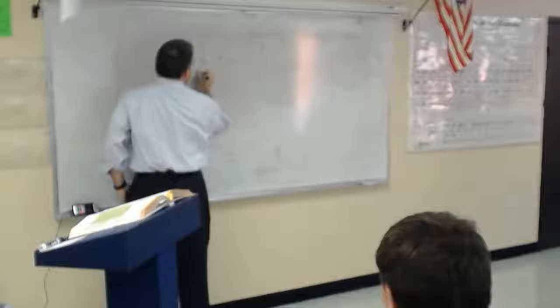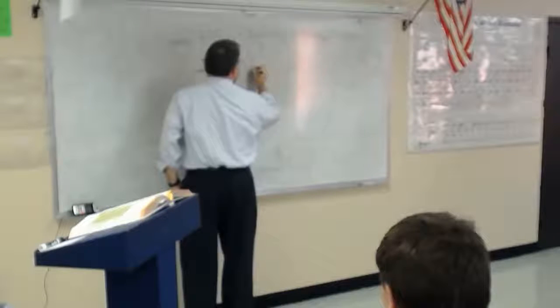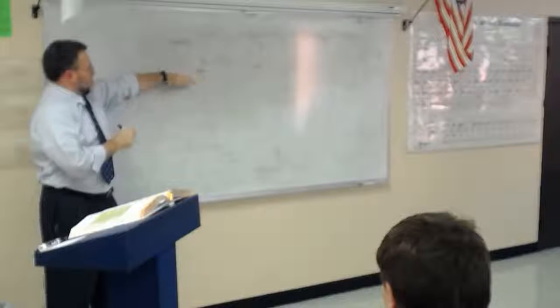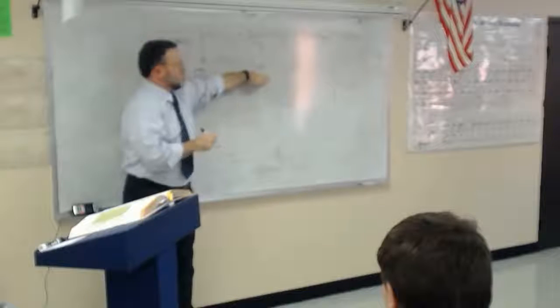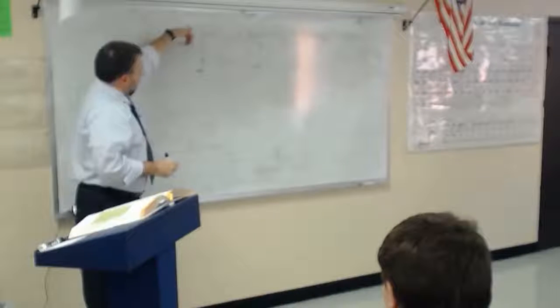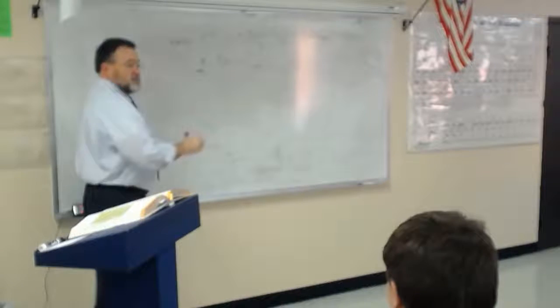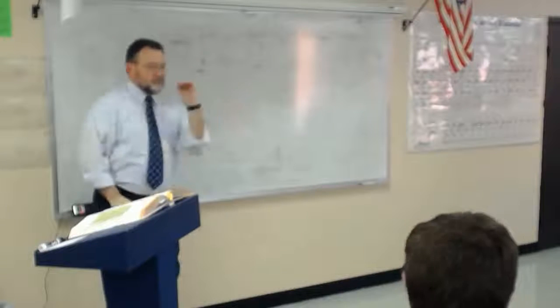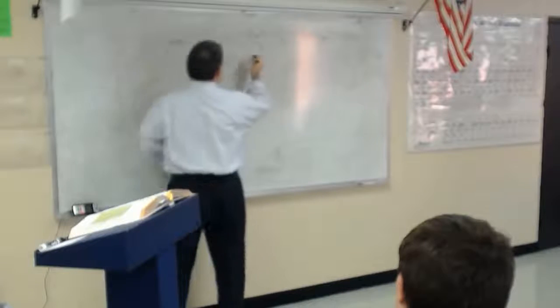So I can always just go ahead right now and put moles here and moles here because I'm going from mass to moles, from moles to moles, and from moles back to mass. So as I move down, my operation is going to be division, and as I move up, it's multiplication. That's right.